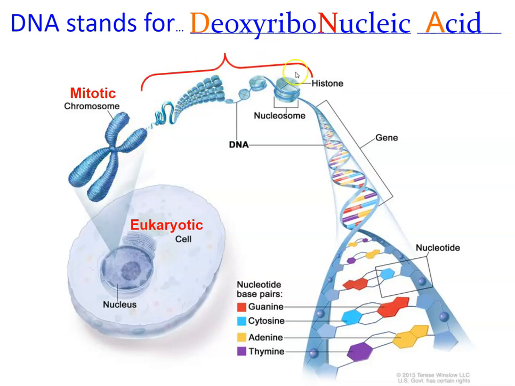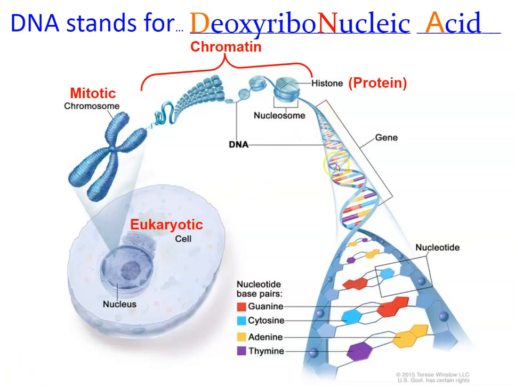If you'll recall, that combination of DNA and protein is what we call chromatin, which is DNA wrapped around clusters of histones, which are proteins, and there are 8 histones in each nucleosome that DNA wraps around. But what we're going to do now is focus in on what makes up just the DNA by itself. Not chromatin, not histones, just the DNA itself. That's what we're going to spend most of our time looking at the structure of.